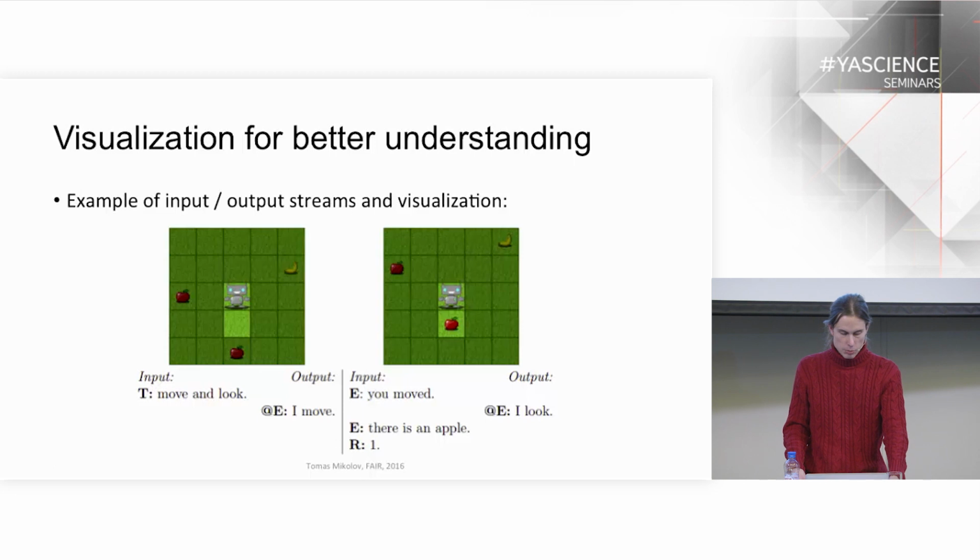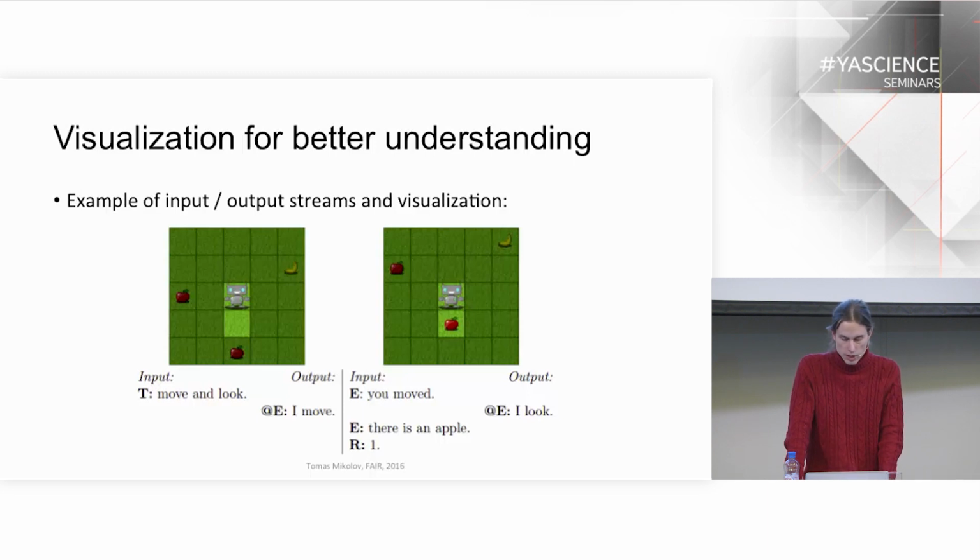So there is the input channel part and the output channel part. The teacher specifies a task, move and look, and then the learner is able to remember this command, for which it needs memory. It executes a command when it addresses the environment.